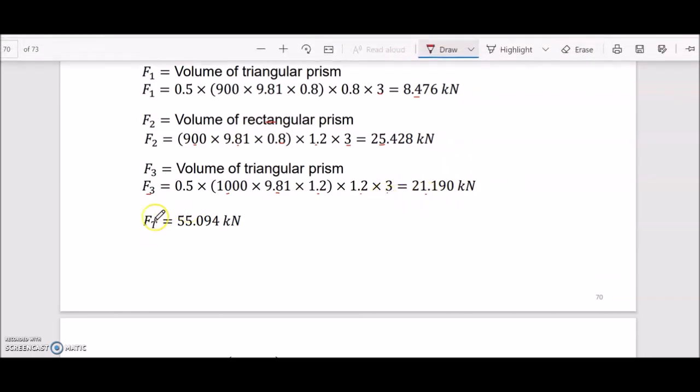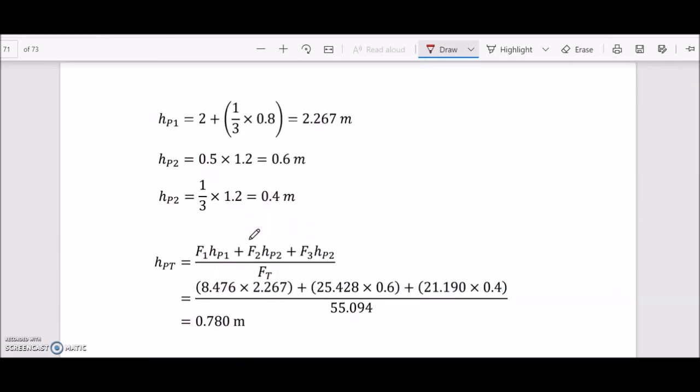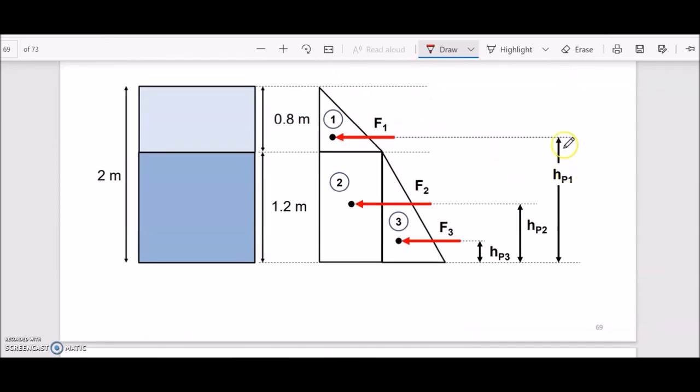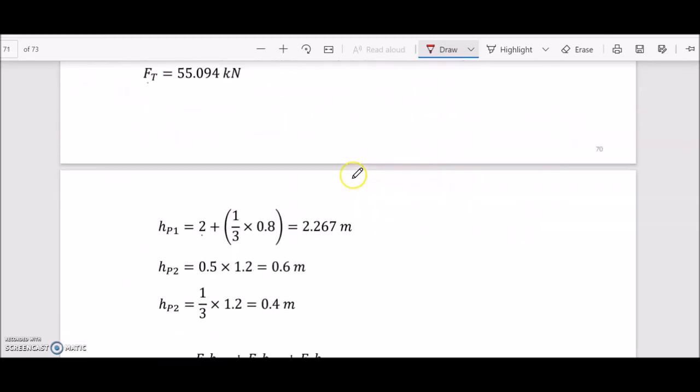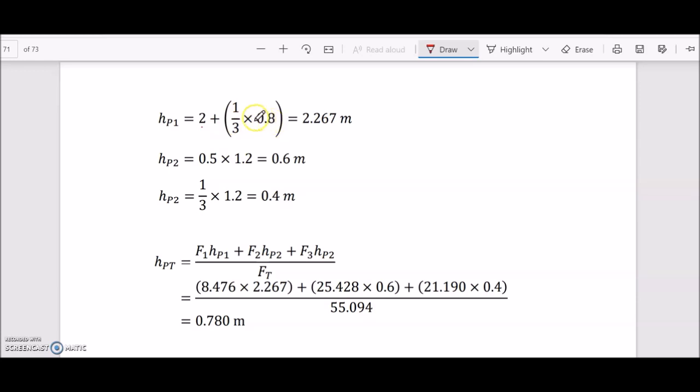Now to calculate the total, you just add all these 3 forces, so you get 55.094 kilonewton. And then you need to calculate the center of pressure. For HP1, we have 2 plus 1/3 times the depth 0.8, so it will give 2.267.